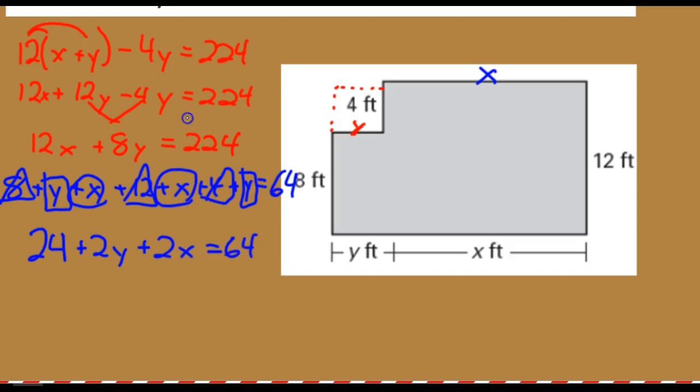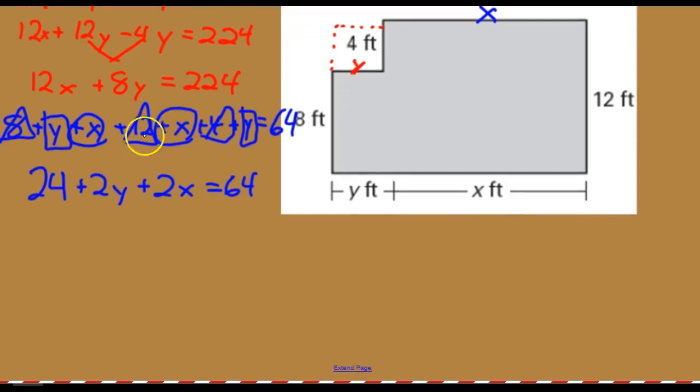Now we have our two equations. 12x plus 8y equals 224, and 24 plus 2y plus 2x equals 64. So we have to solve our system of equations then. We're first going to take this and subtract 24, which is going to give us 2y plus 2x equals 40.